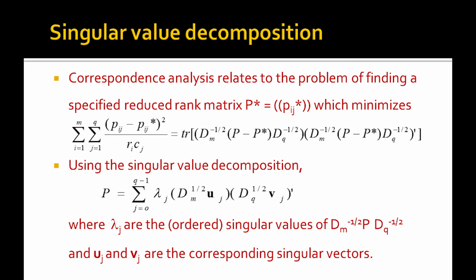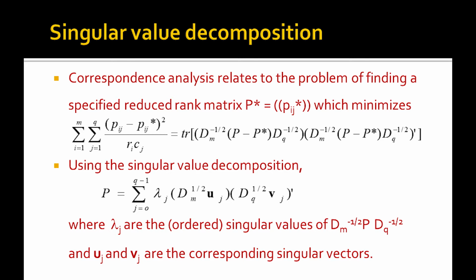Now if this value is small, then the approximation is good. And if we can get a good approximation, remember P star is a reduced rank matrix. So we can approximate the full rank matrix by a reduced rank, and hence we can reduce the dimension of the study by looking at just the independent columns or rows of this new matrix.